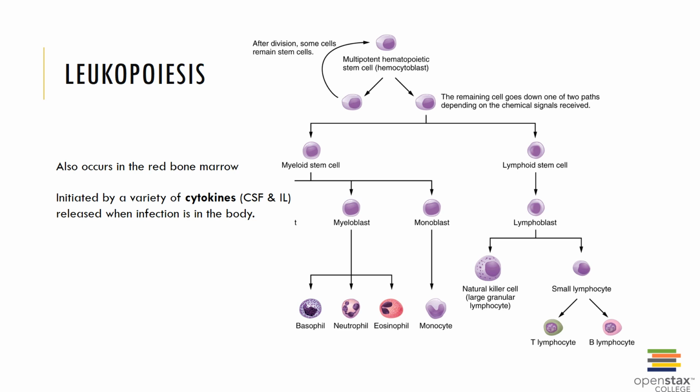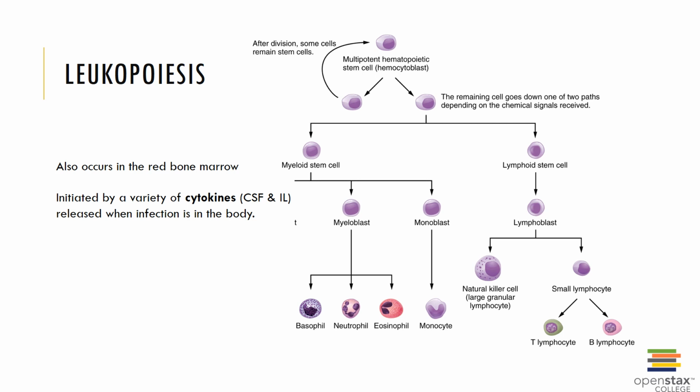This process also begins with a multipotent stem cell. You can see a hemocytoblast, which differentiates into myeloid and lymphoid stem cells.